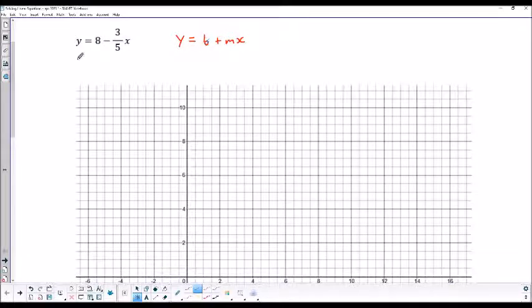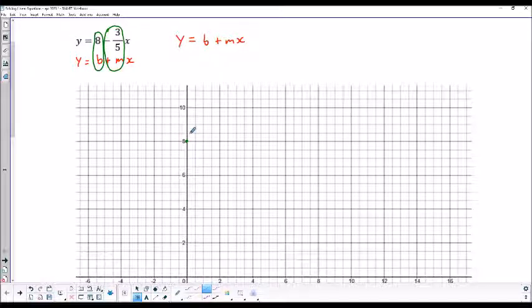If we match that up, we see that the b corresponds with 8 and the m corresponds with negative 3/5, which means that our y-intercept is 8. So on the y-axis, we'll plot the point right at 8.